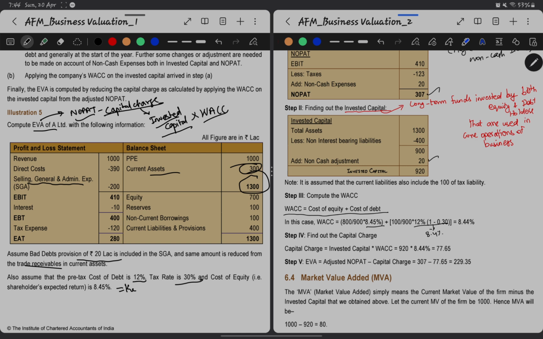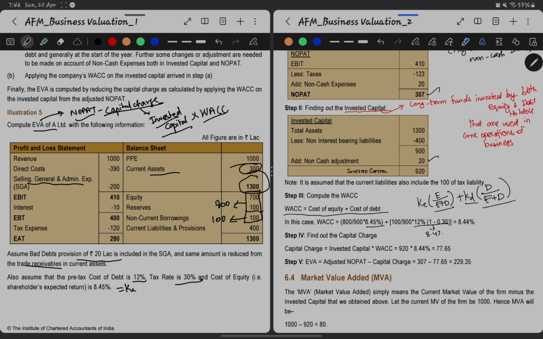Then adjusting with the weights, the total weight will be equity plus debt. Reserves belong to equity shareholders, so equity will be 800, and then the debt will be 100. So WACC is KE multiplied by E by E plus D, plus KD multiplied by D by E plus D. These are the weights for equity and for debt.